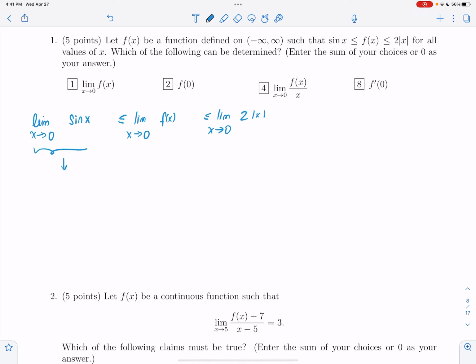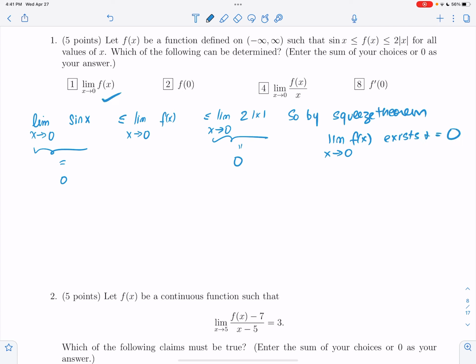What do you know about this? This limit is 0, right? What about this? You know that this limit is 0. So by the squeeze theorem, the limit as x approaches 0 of f of x exists and it equals 0.